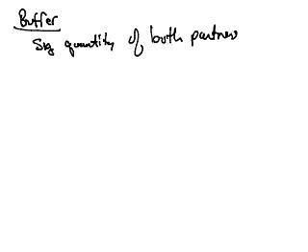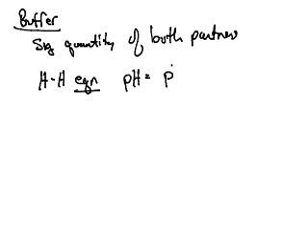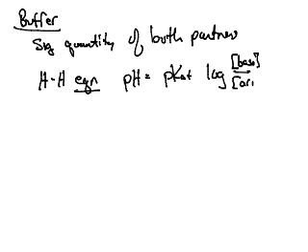Right? And if you have a buffer, there's a very cool equation, the Henderson-Hasselbalch equation. I'll call it the HH equation. If you have a buffer, you can say that the pH is equal to the pKa plus the log of the concentration of the base over the concentration of the acid.